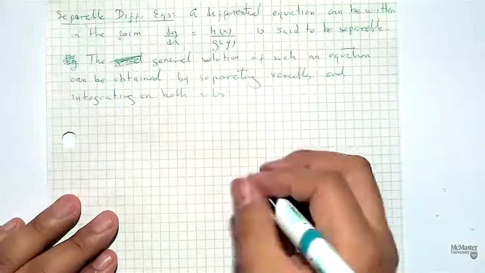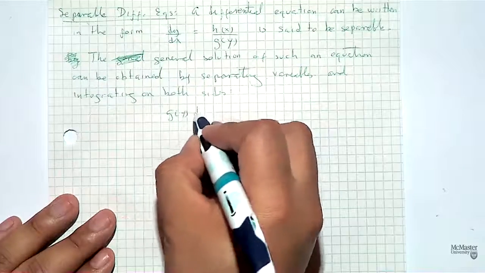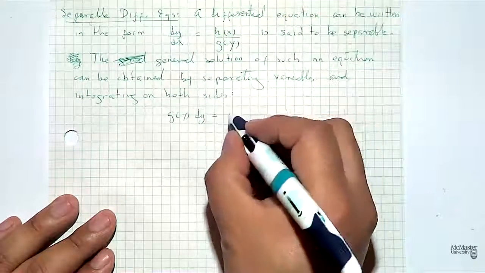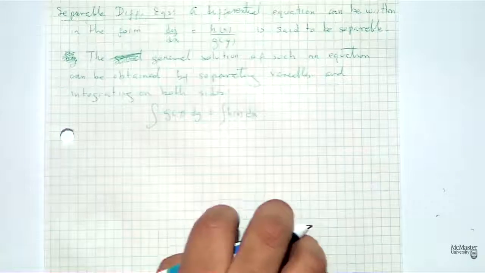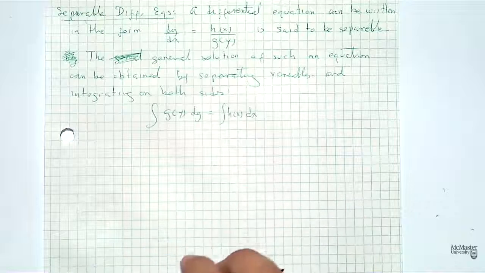So, pass g on one side and the dx on the other, and integrate. This is literally also what is done in a second-year ODE course.